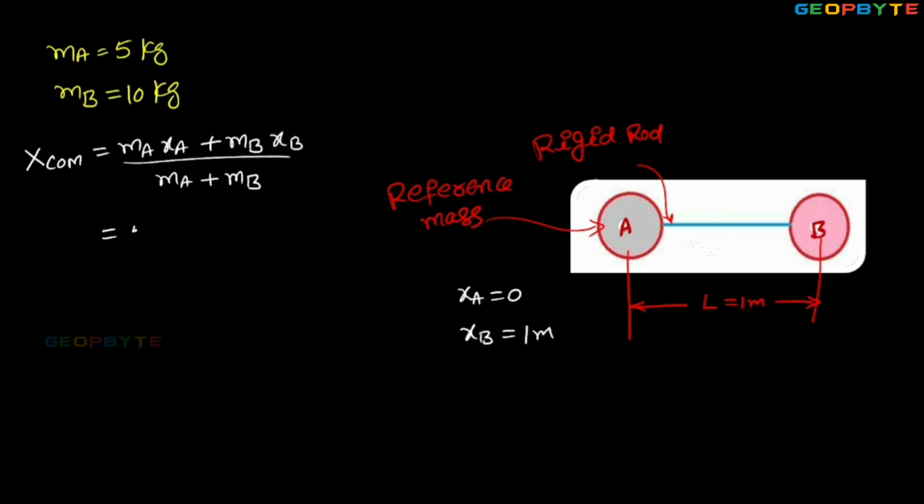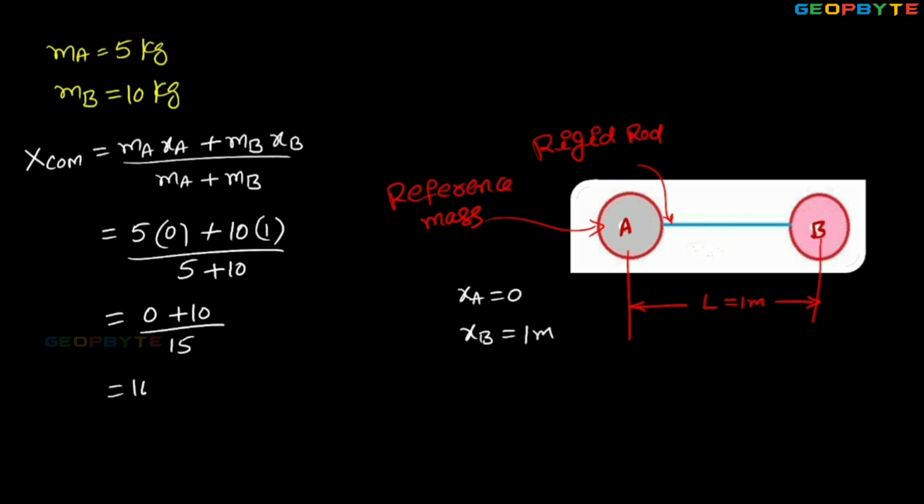It is equal to (5 into 0 plus 10 into 1) divided by (5 plus 10). It is equal to (0 plus 10) by 15, which is 10 by 15 meters. Okay, it is approximately equal to 0.667 meters.